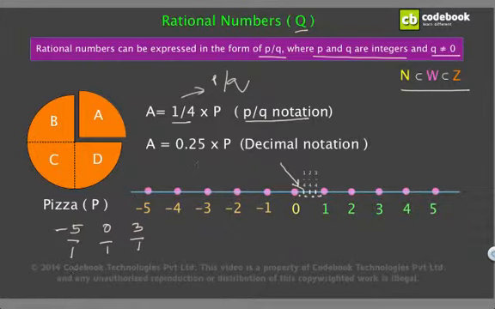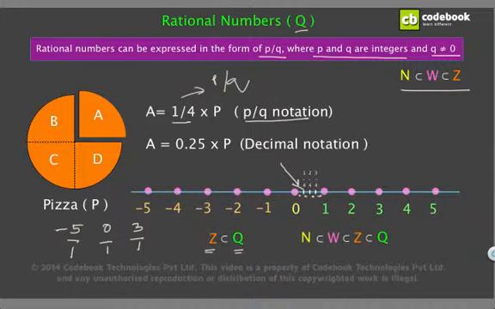No. As you see, 1 by 4 is 0.25, and 0.25 is not an integer. So what we learned here is that all integers are rational numbers, but all rational numbers are not integers. In set notation, integers are a subset of rational numbers because integers are contained in rational numbers.